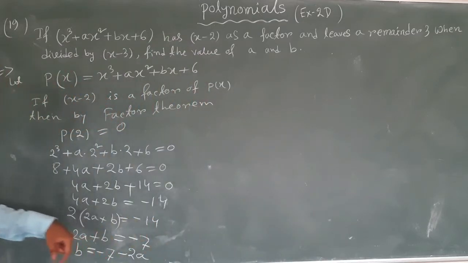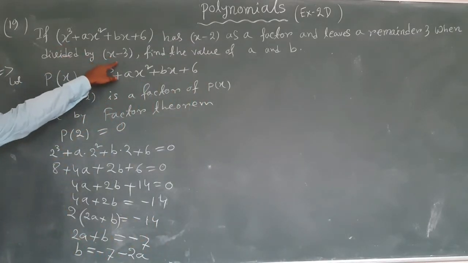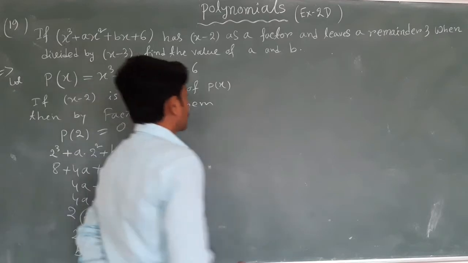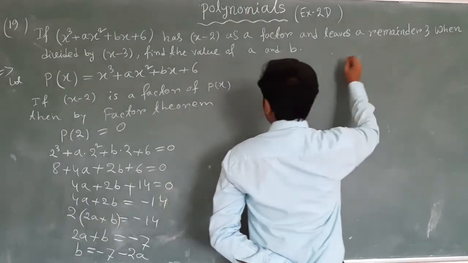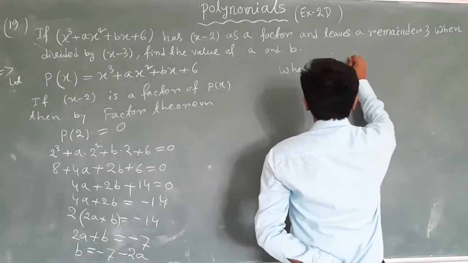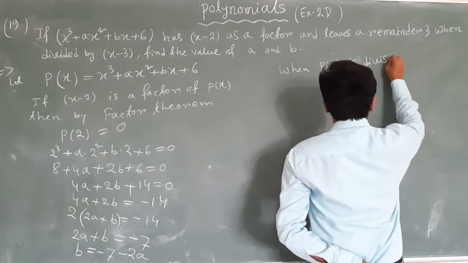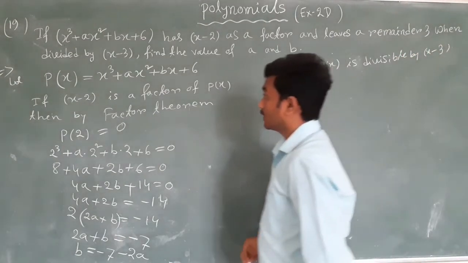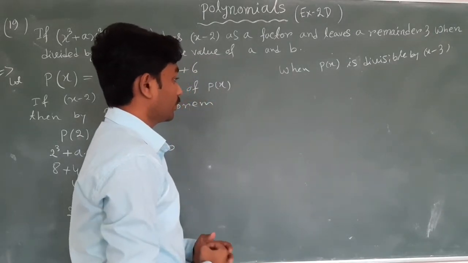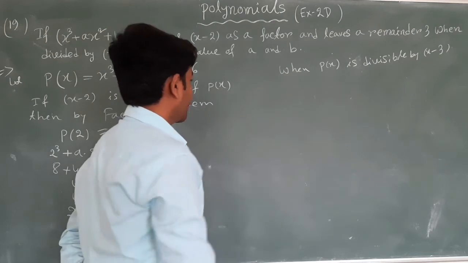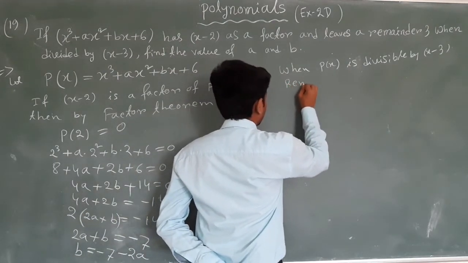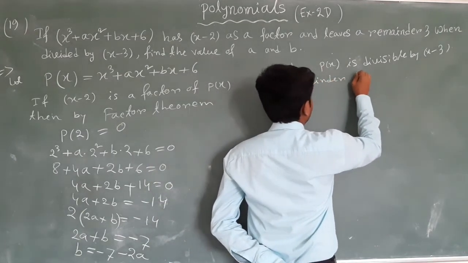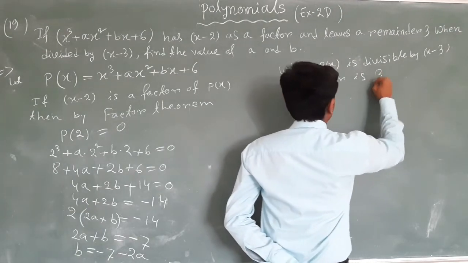Now second condition, when p(x) is divided by x minus 3, the remainder will be 3.